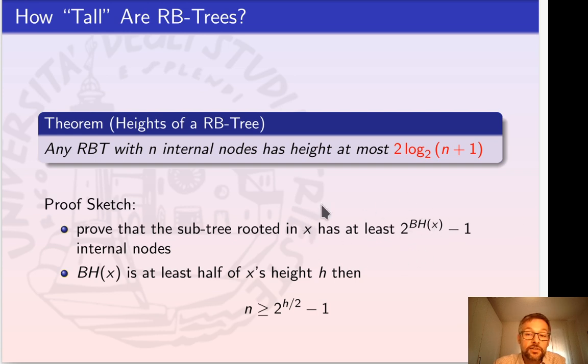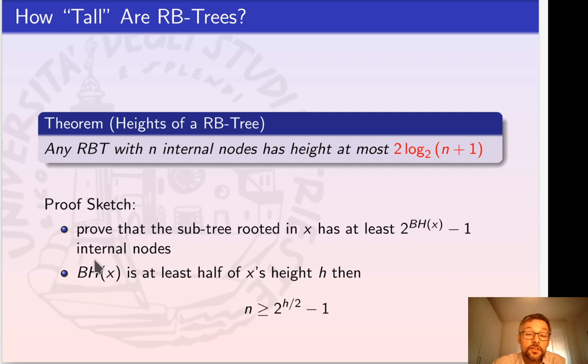So once I prove this property, to get the theorem, I need simply to observe that the black height of any node is at least half of the height of the node itself, and this is because for sure we know that any red node must have as children black nodes.